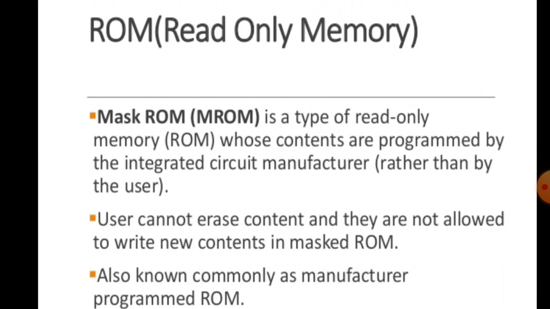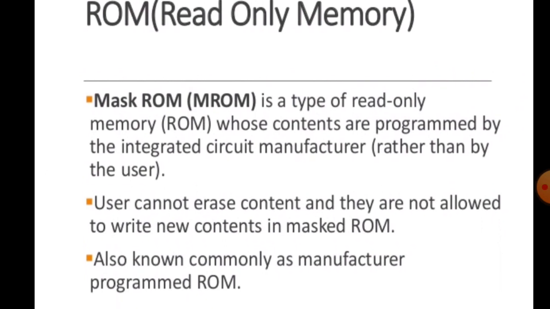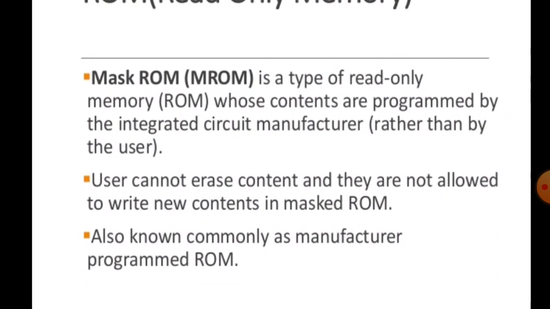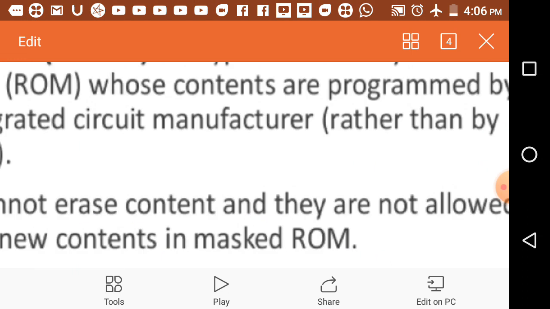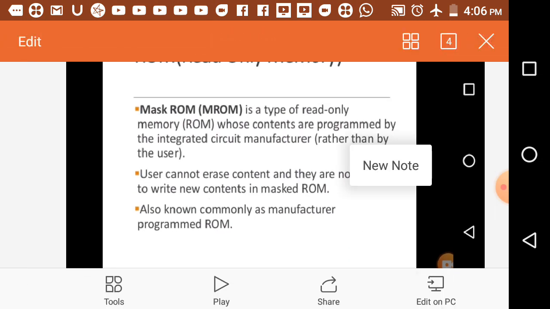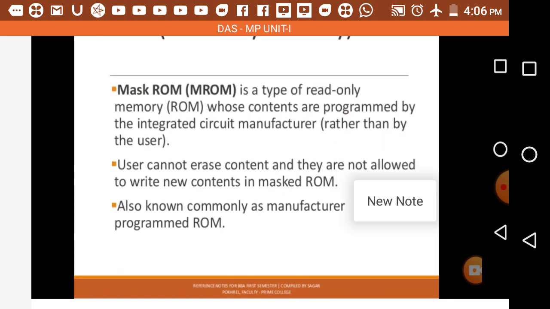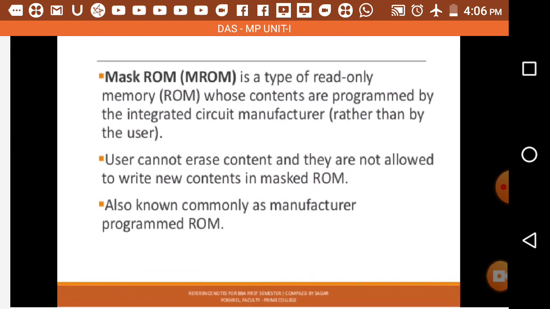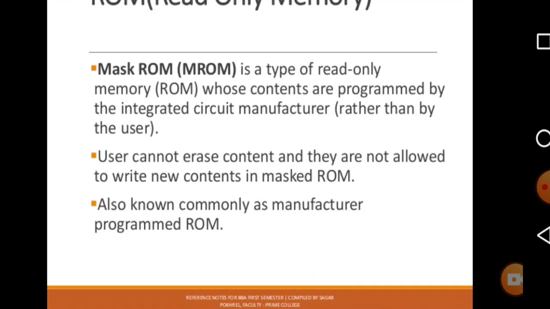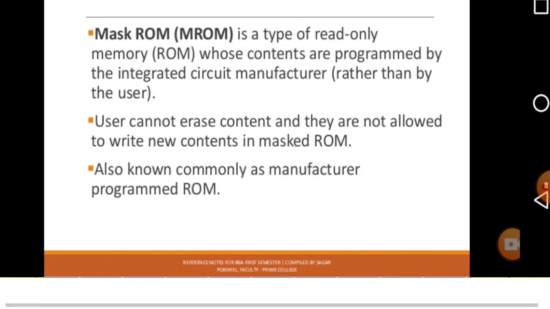It is a type of read only memory whose contents are programmed by the integrated circuit manufacturer rather than by the user. The user cannot erase content, and is not allowed to write new contents in masked ROM, also commonly known as manufacturer programmed ROM.